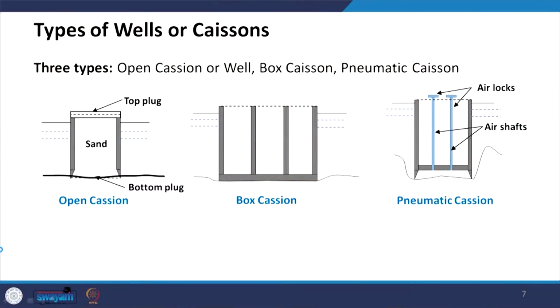So, we can say open caisson or open well, then box caisson and pneumatic caisson. The open caisson, as shown in the first figure, is open from the top as well as the bottom, that is why the name is given. The box caisson is closed at the bottom, and it looks like a box type of structure, so the name itself says box caisson.